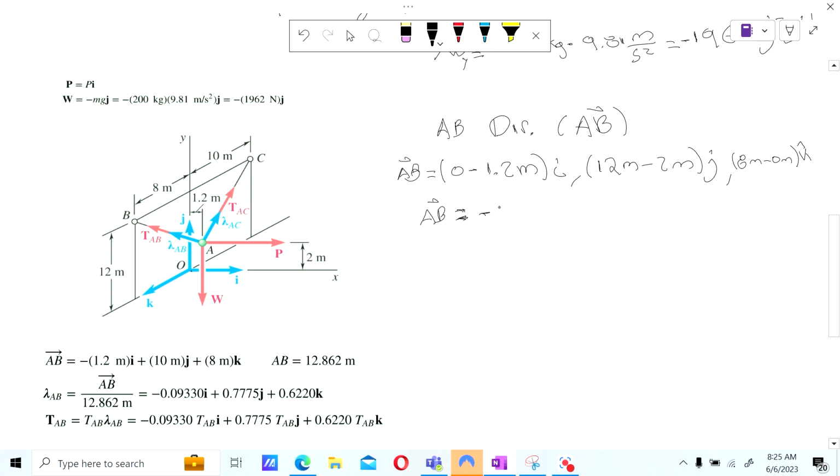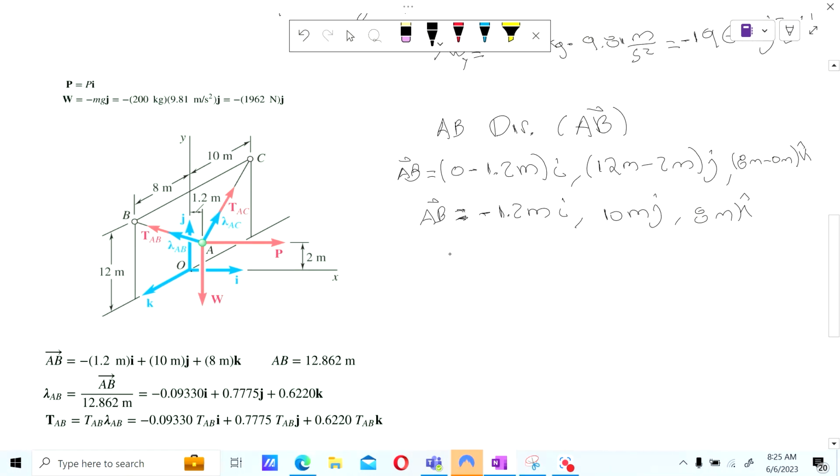So this is minus 1.2 meters in I, comma, 10 meters in J, comma, and it's always good to put meters so you get used to knowing that this is a distance vector and not a force vector. The force vector is when we multiply the tension times the lambda, the unit vector. And this is 8 meters in K.